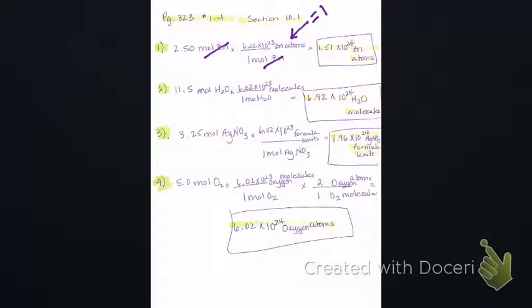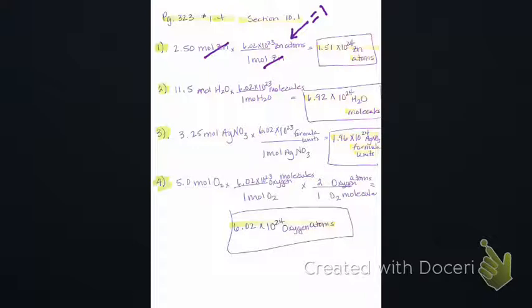Otherwise it changes the value of the number, and we don't want to do that. We only want to change the unit itself, okay? So we do the math, and of course this is equal to 1, so we're good there.